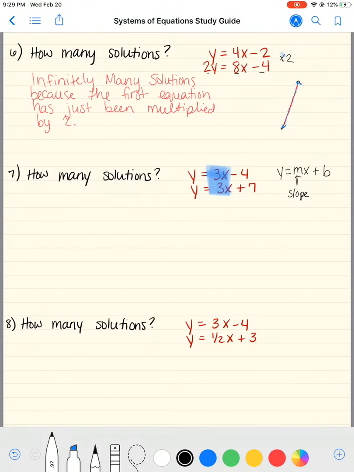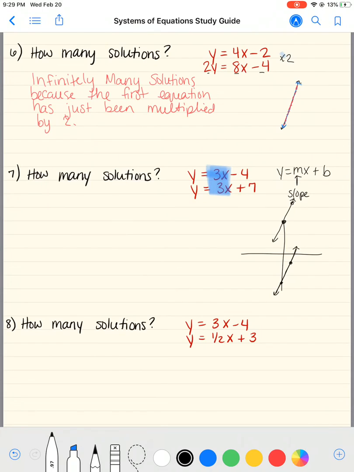So if I were going to graph this on a coordinate plane, say that's negative 4, and I'm going to rise 3, run 1. Let's say that first equation looks something like that. The second one, I'd have to come way up to 7, rise 3, run 1. It's going to look something like that. I applied the same slope to each line.